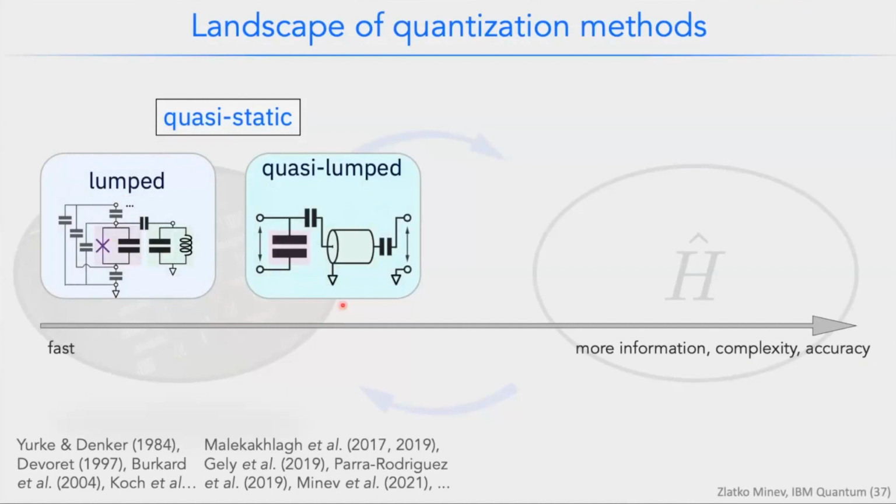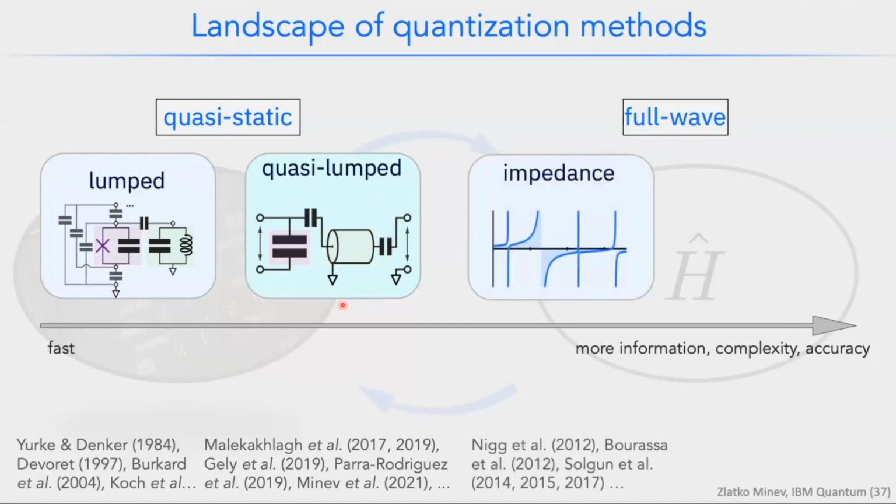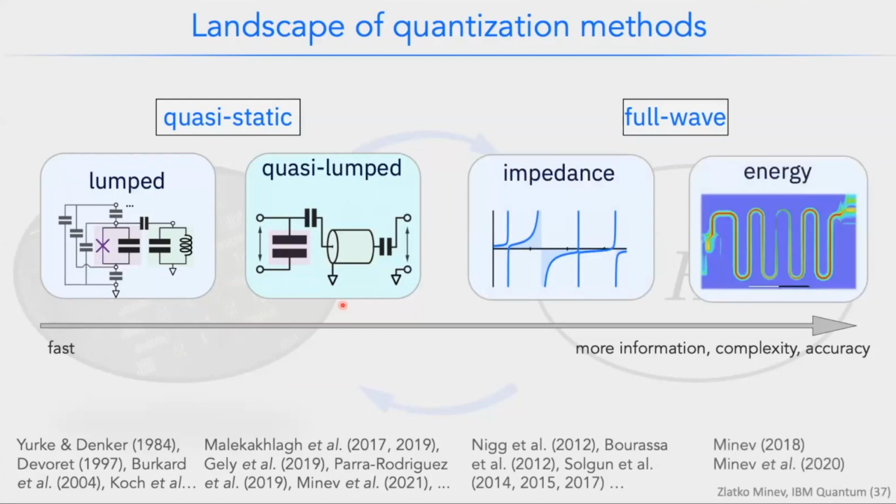And then there are models that capture more of the complexity of the device based on either the impedance or the energy dissipation ratio, which can tell you even more about the quantum device and can capture all of its glory in terms of Maxwell's equations and really tell you a lot about the dissipation and the Hamiltonian.